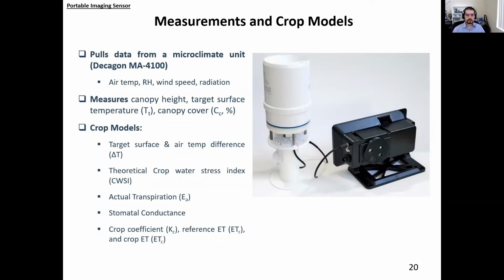The crop models that I have embedded in the imager are a simple target surface and air temperature difference, delta T, a theoretical crop water stress index, or CWSI, and I actually developed that model myself several years ago. Actual transpiration, stomatal conductance, and a crop coefficient. And using the microcontroller data, it also calculates reference ET and crop ET.